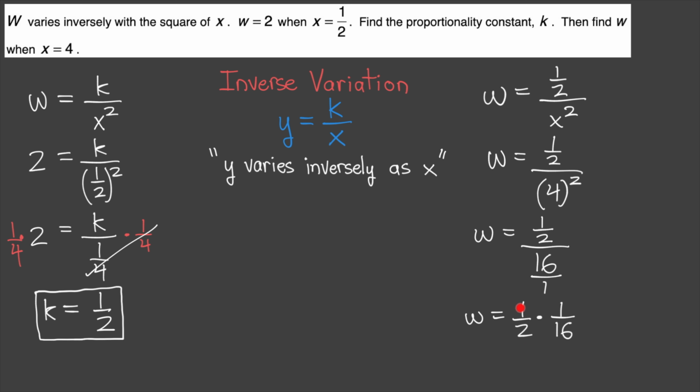And then we multiply across, and we get 1 times 1, which is 1, and then on the bottom we get 2 times 16, which is 32. All right, so we have 1 over 32, and that answers the question, find w when x equals 4. So w equals 1 over 32.